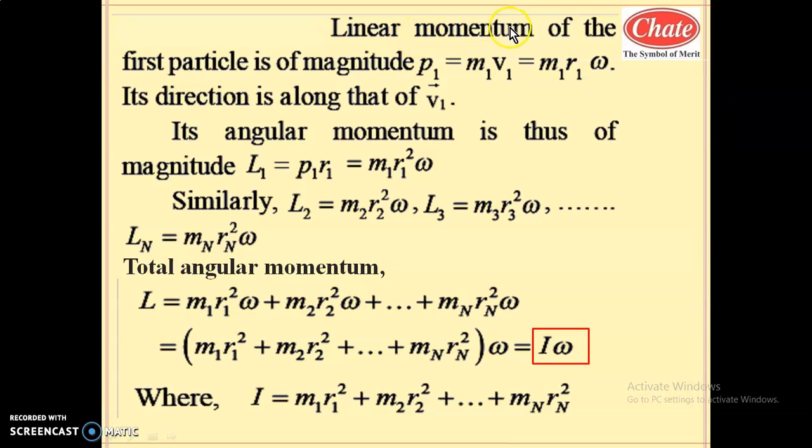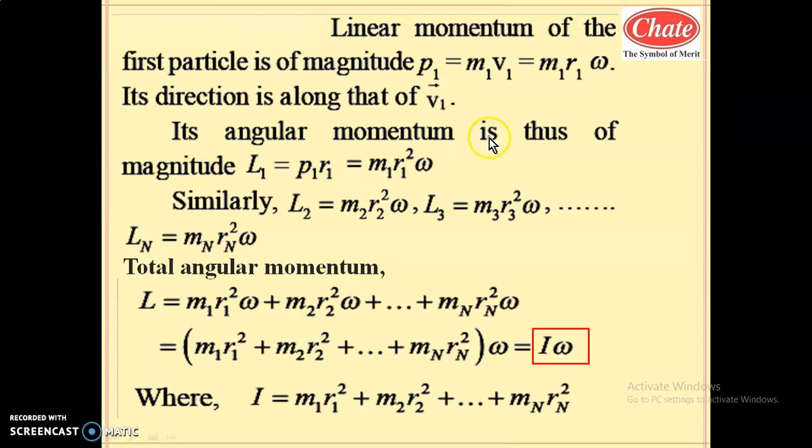Now what is the linear momentum of the first particle? Linear momentum of the first particle, its magnitude is p1 equal to m1 v1. What is v1? v1 equal to r1 omega, that is the linear speed of the first particle. Hence linear momentum for the first particle becomes m1 r1 omega. Now the direction of this v1 velocity vector is along the tangent.